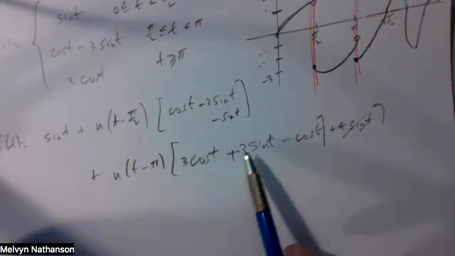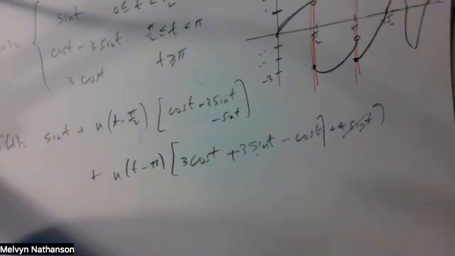Then the cosine t minus 3 sine t cancels this, and I'm left with 3 cosine t. So this is a correct statement.